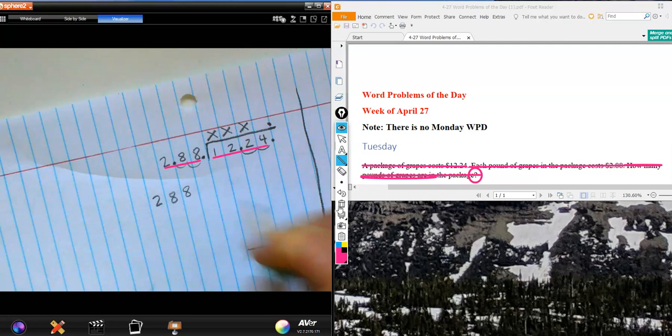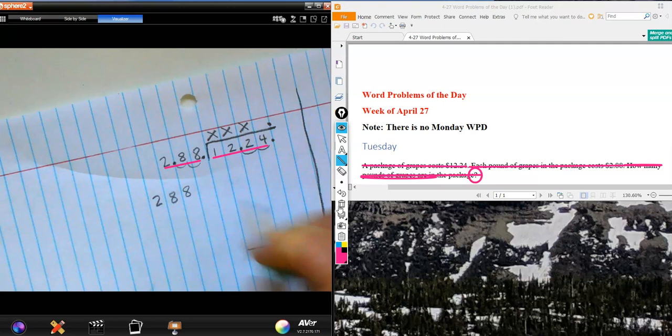Let's do 288 times 2. So I'm just going to add these up. 288 plus 288 is 576. So now I'll take 576 right here. 10 minus 6 is 4. 11 minus 4 is 4.